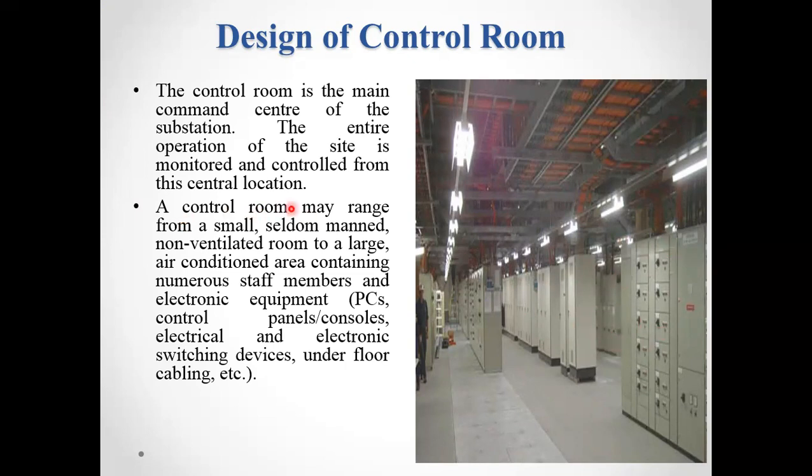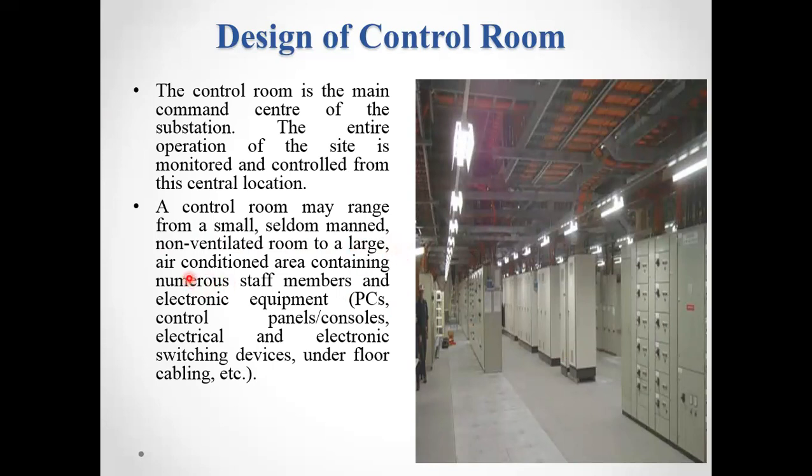A control room may range from a small one, seldom manned, which means fewer people will be working in that control room, or a non-ventilated room, to a large control room.